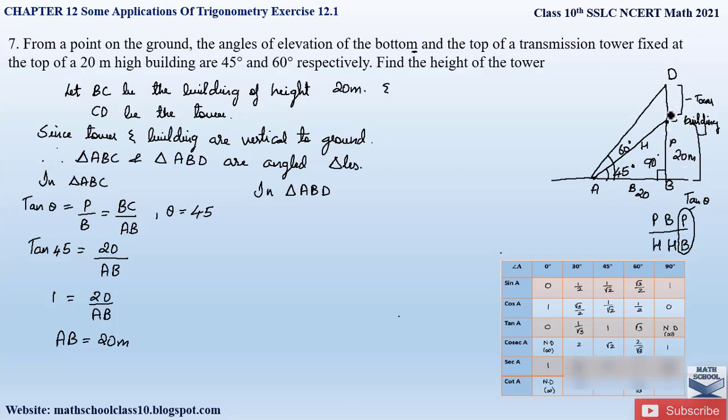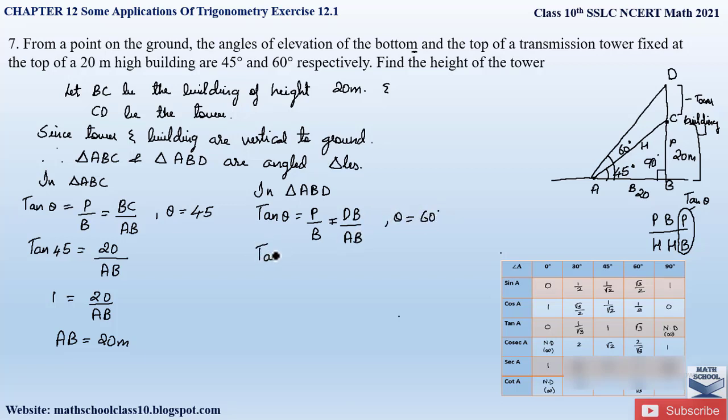In triangle ABD, we know the base value, so we have to find DB to know the height of the tower. DB is our perpendicular, so again perpendicular by base is the tan trigonometric ratio. Tan theta is equal to perpendicular by base, where our perpendicular is DB and base is AB, and theta is 60 degree.